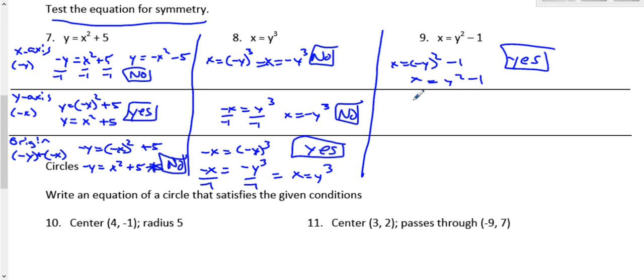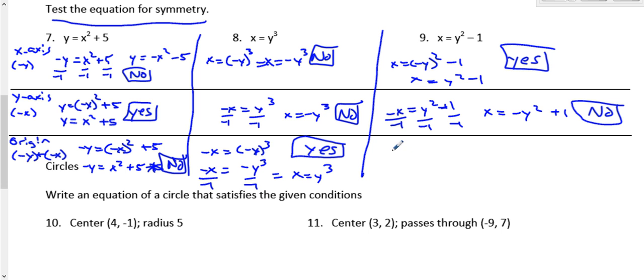For the y-axis, we're going to plug in negative x. That will give us negative x equals y squared minus 1. If I divide by negative 1, to get x to be positive, I will get x equals negative y squared plus 1. I can't get that back to the original equation, so no symmetry with respect to the y-axis.